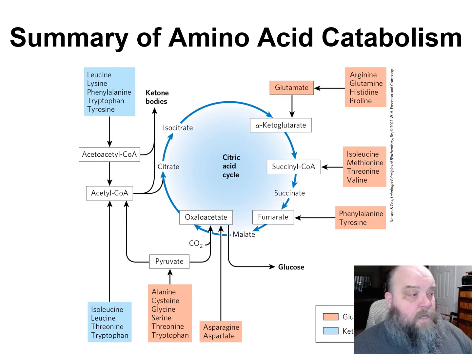This is just the amino acids. You add in the fatty acids, you add in the carbohydrates, and yes, this becomes very, very messy. And keep in mind, these arrows are also, for the most part, reversible.